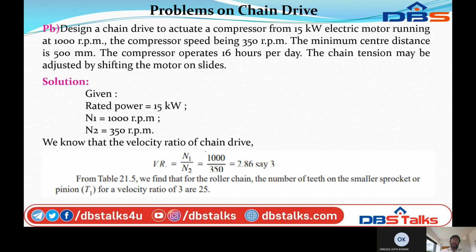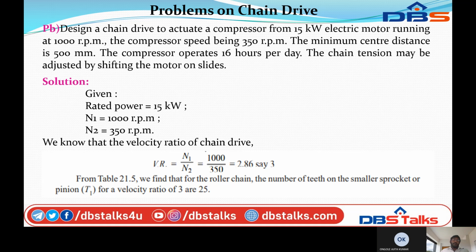So power is given and N is given. The compressor speed being 350 rpm, so N1, N2 is given. The maximum center distance is 500 millimeters, so X is given. The compressor operates 16 hours per day. The chain tension may be adjusted by shifting the motor on slides.